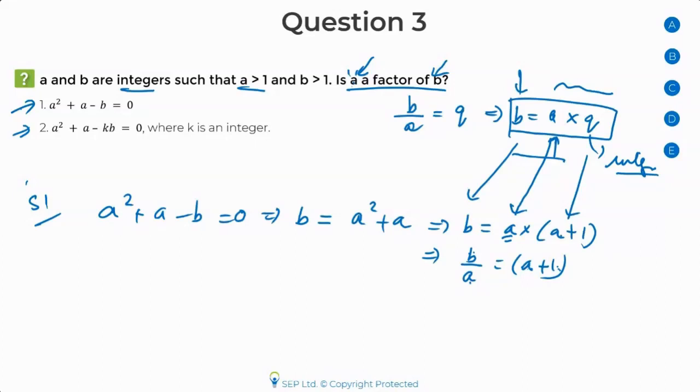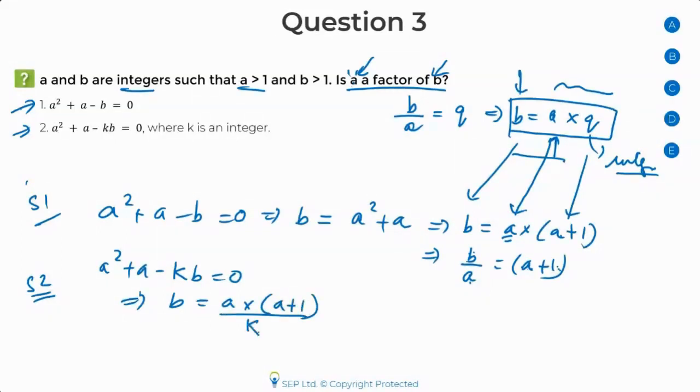Now let's come to the second statement. Now the second statement is just a slight variation, but where I expected you to do some inference. Here, same stuff. I'm going to write it as a times a plus 1 divided by k. Now, once again, if you want, you can write it like this. You're looking for b by a. You want to know whether b by a is an integer or not.